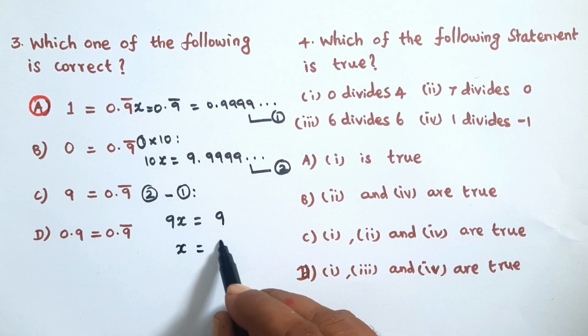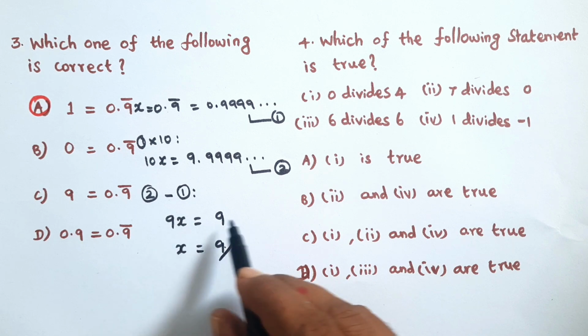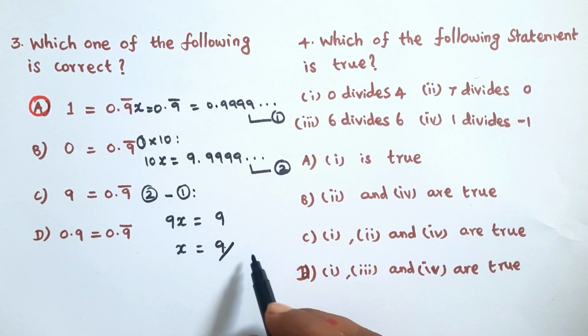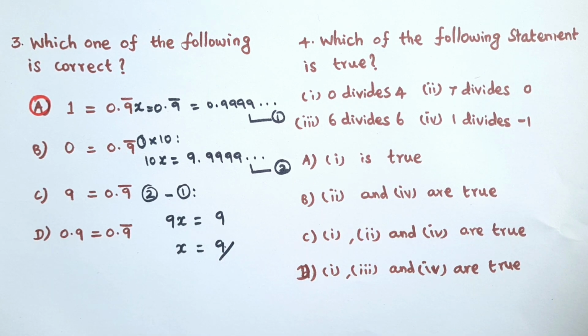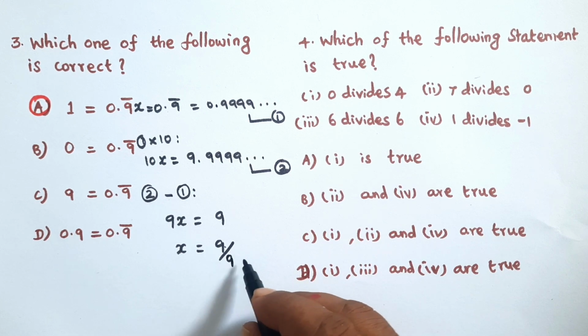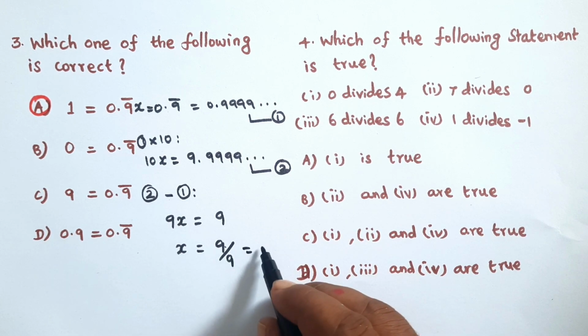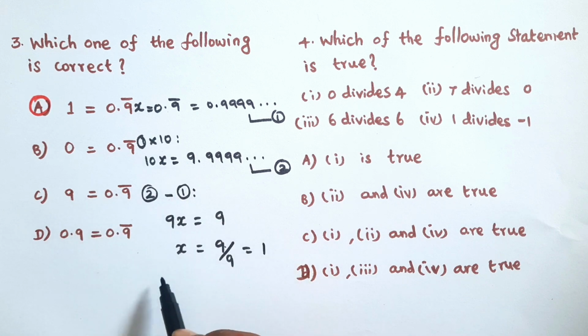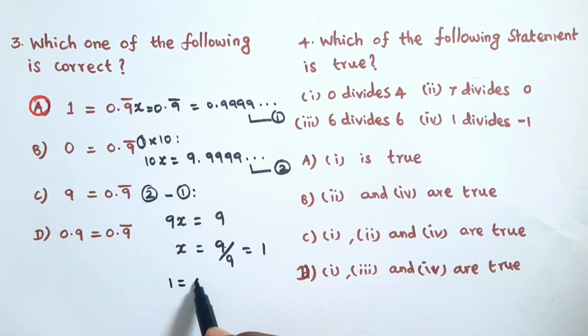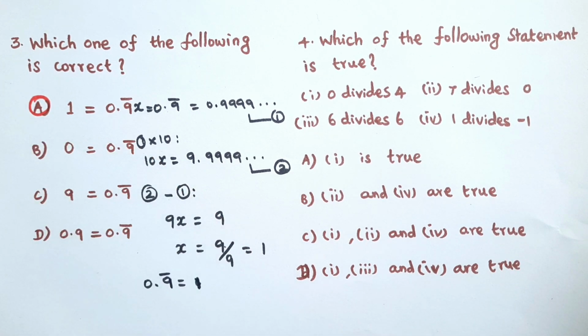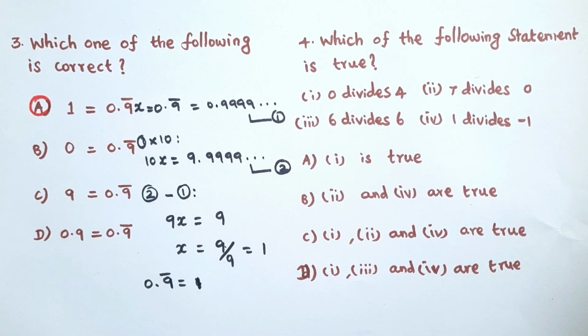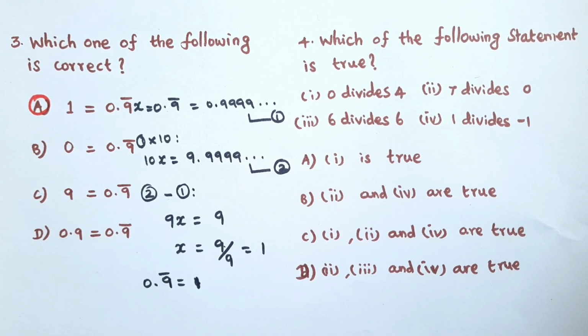So 9x equal to 9, the 9 multiplied moves to the other side, we get divided by 9, so 9 by 9 is equal to 1. So x equals 1, so 0.9 bar is equal to 1, which is given in option A. So option A is the correct one.